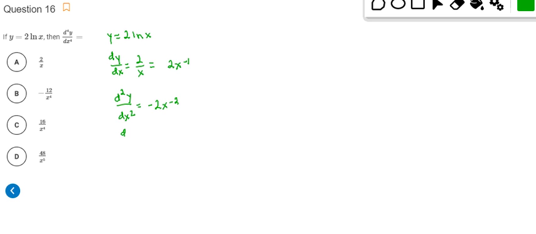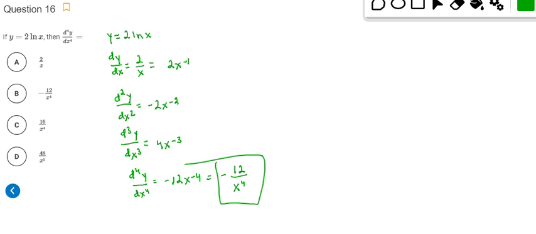All right, so we can just go on with our power rule now. D cubed y dx cubed is going to equal 4x to the negative 3. And then d fourth y dx to the fourth is going to equal negative 12x to the negative 4, which equals negative 12 divided by x to the fourth power. And we see that is answer choice B.